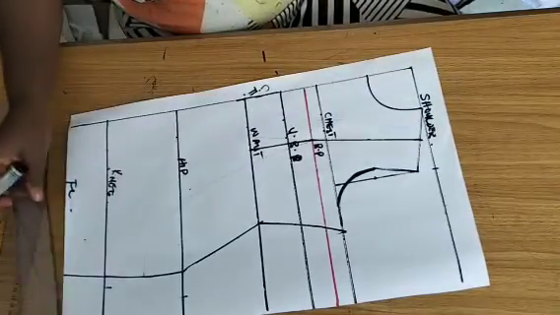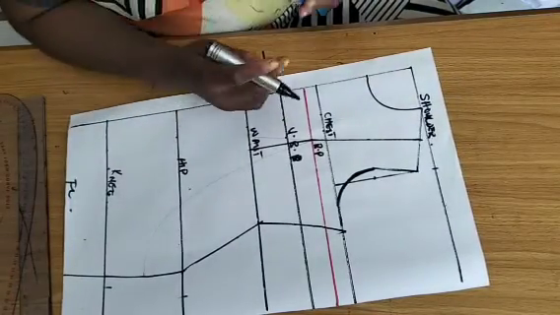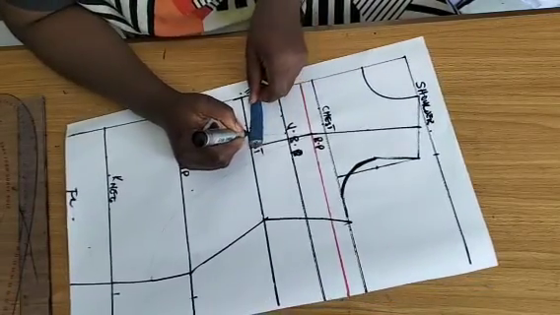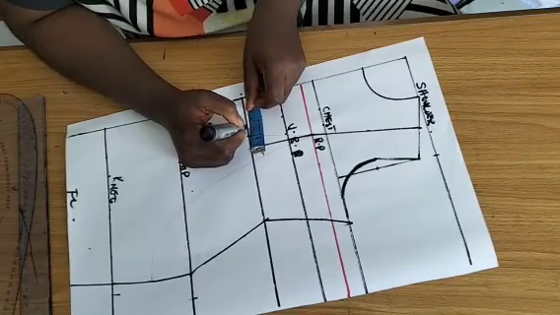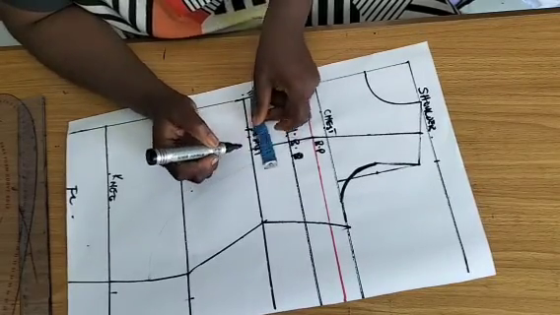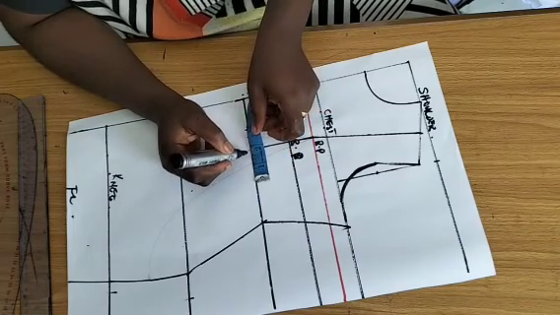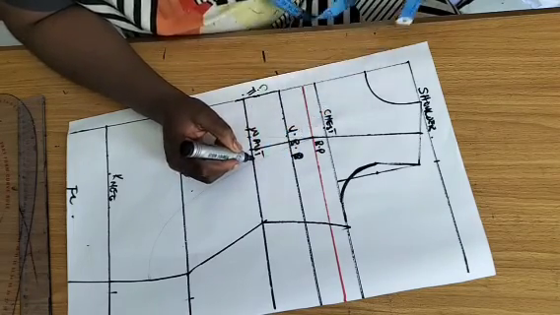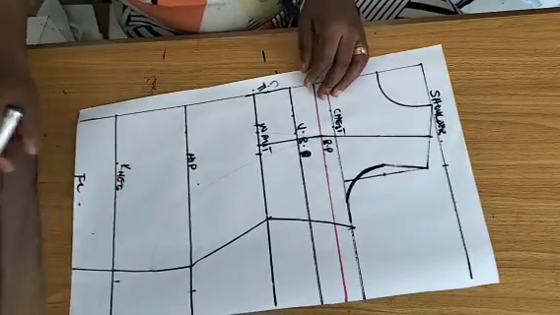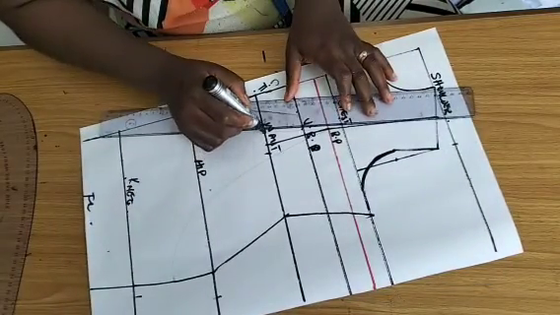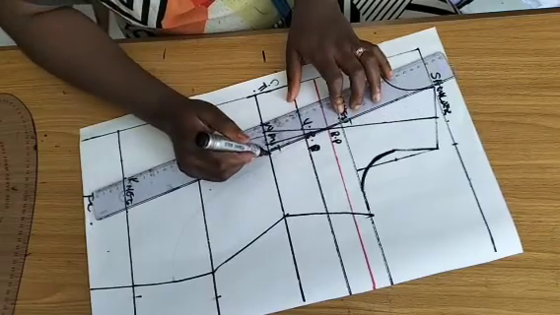Okay, so I'm working on a small scale drafting. So usually from this point I go in by 0.5, and from the dart leg I go out by another 0.75. So that will give me my full dart leg.